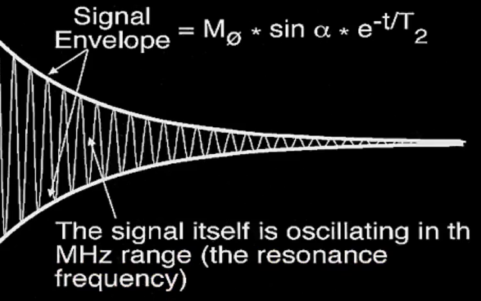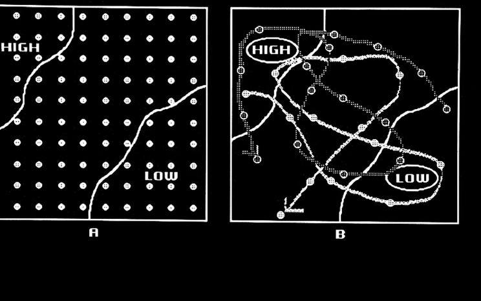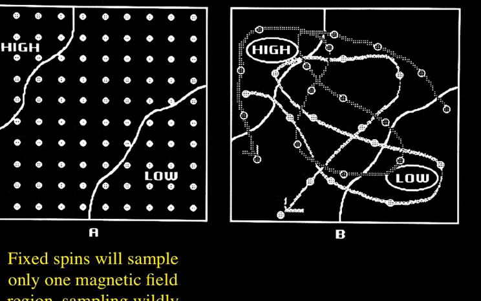Now, if we think about T2, tissues that have long T2 values have one characteristic in common, and that is they tend to have freely moving nuclei.